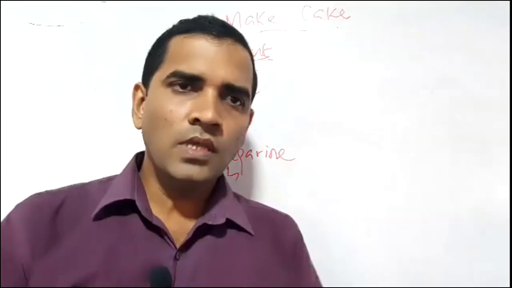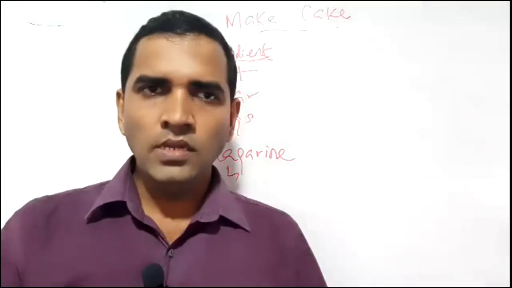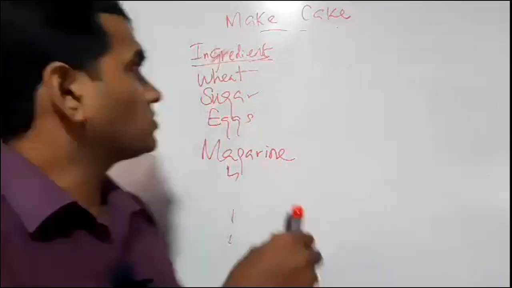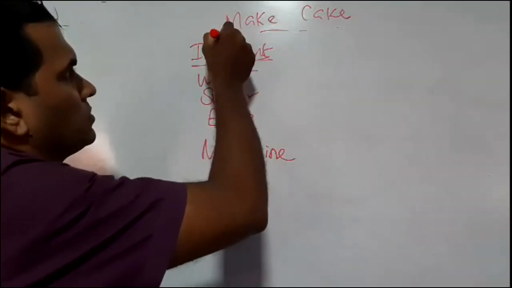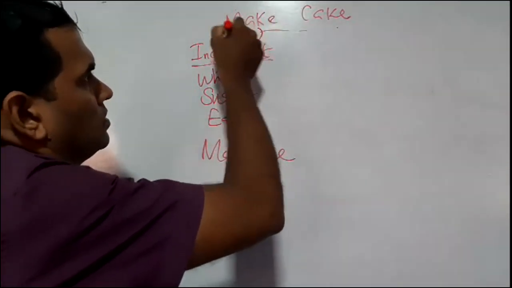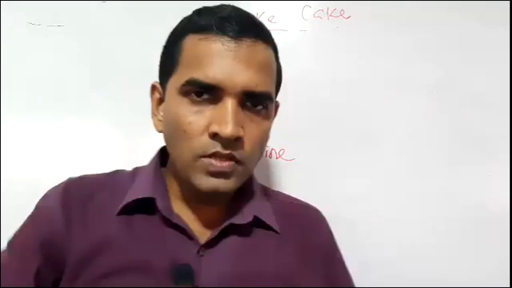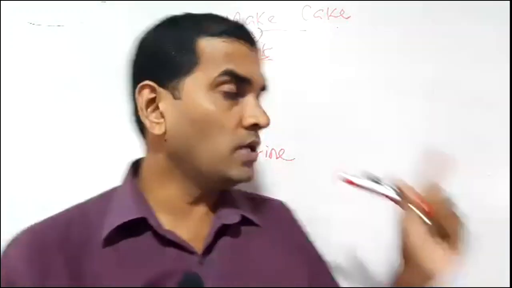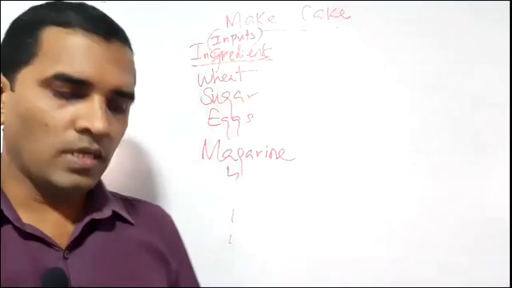Now I got these ingredients. These ingredients can also be called inputs, because these things have been brought into the task, into the process. Sorry, I have brought them. So they are inputs.